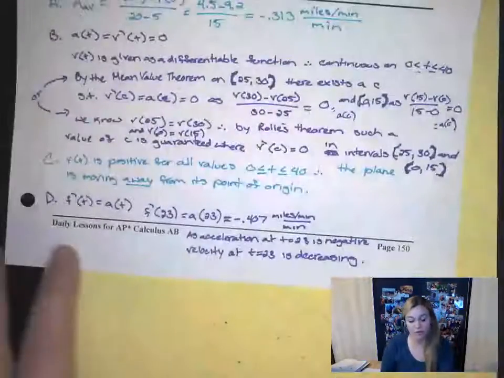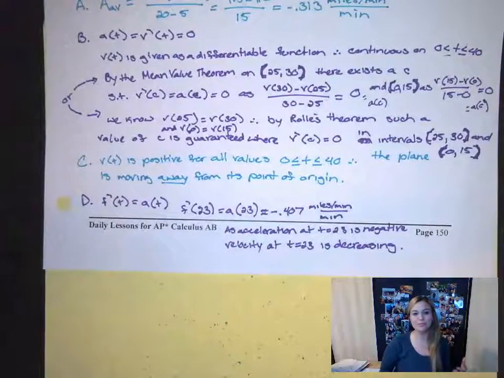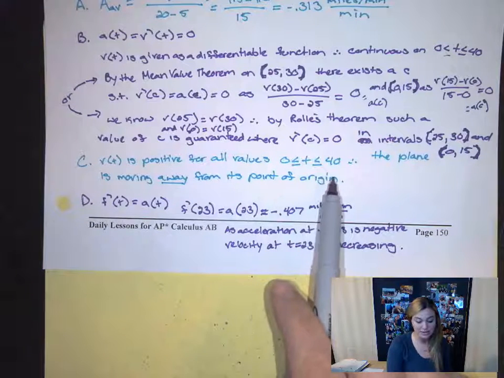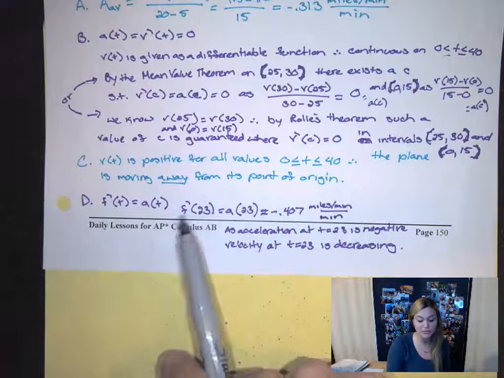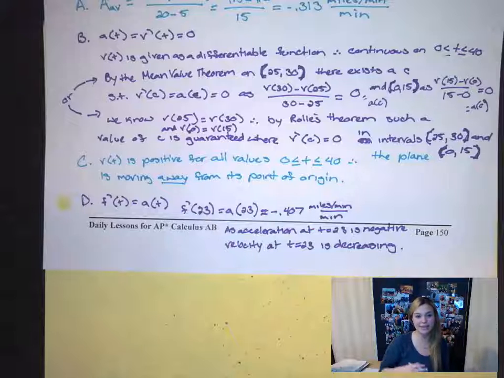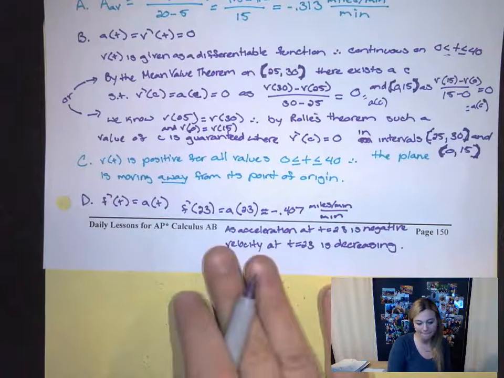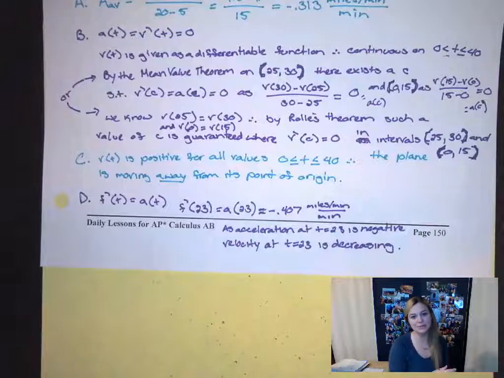Even if all of them are negative, and we could say to the left, it would be moving away from its point of origin. But because all of these are positive, v of t is positive for all values 0 is less than or equal to t is less than or equal to 40, therefore the plane is moving away from its point of origin, meaning it just keeps going further and further from where it started. Same thing if they were all negative, but they're all positive, which means the plane is moving away. If it started to be negative partway through, then that's when it would be returning.